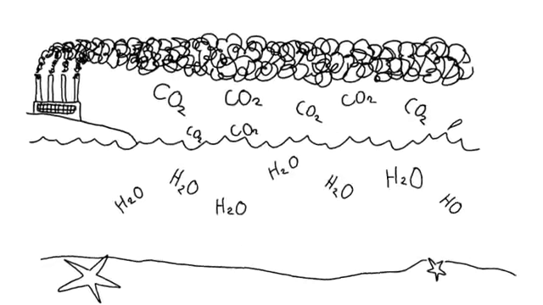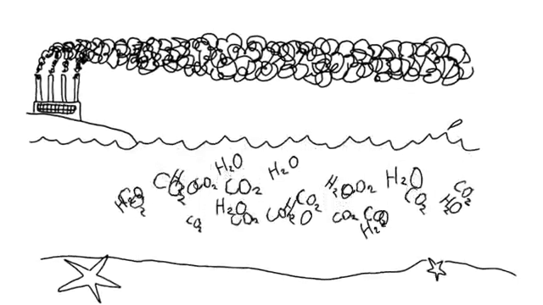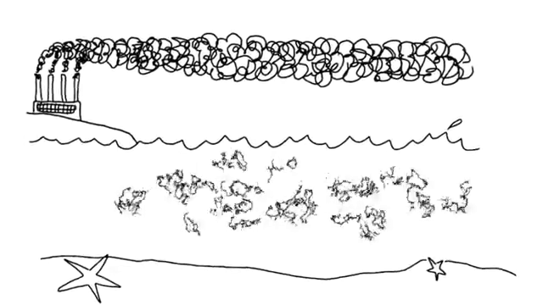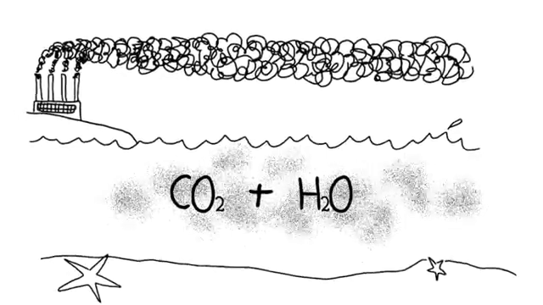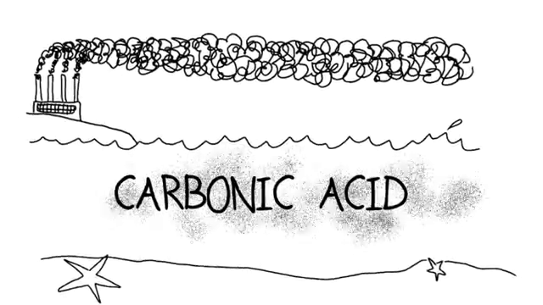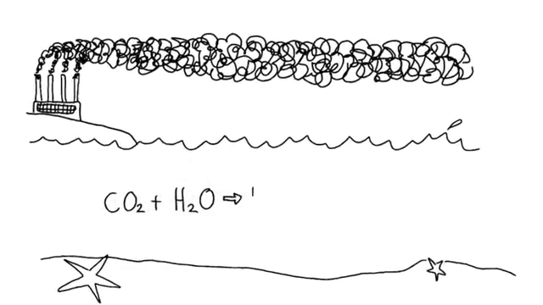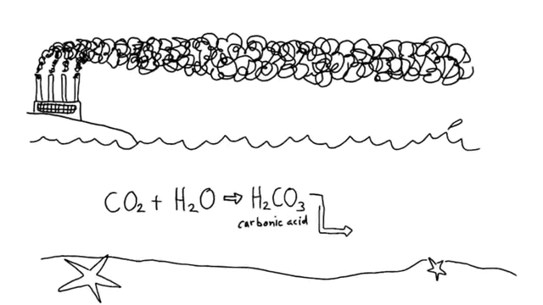We've got CO2 in the atmosphere that's going into the water. The CO2 breaks down. We have a chemical reaction where the CO2 plus the water leads to carbonic acid. The process looks like this. When you have the carbonic acid in the water, a couple of things happen.